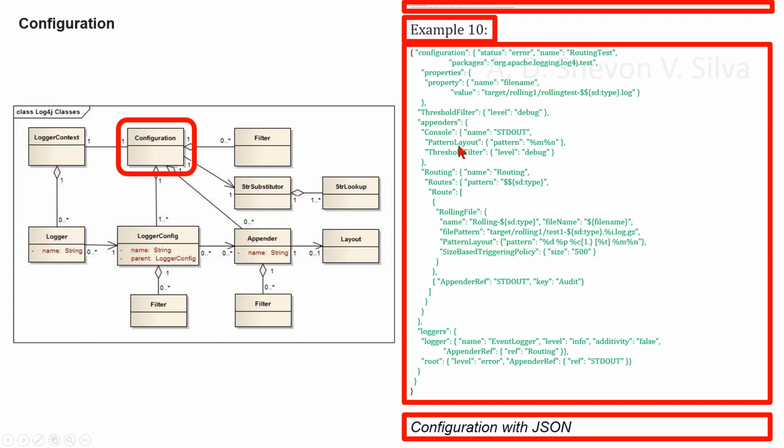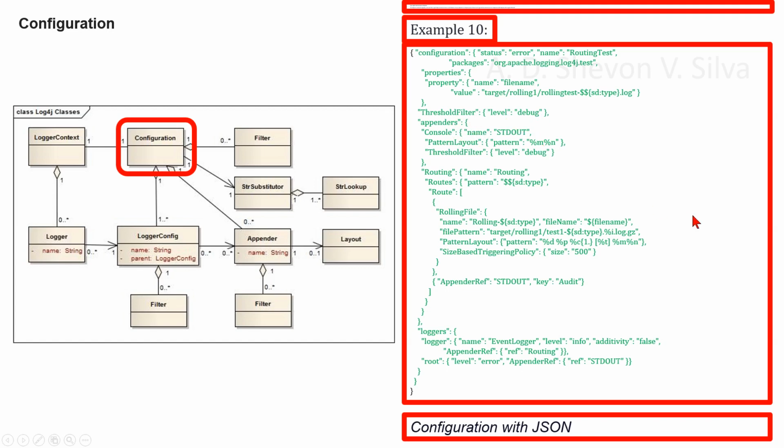In this example, threshold filter, console, and pattern layout are all plugins, while the console plugin will be assigned a value of STDOUT for its name attribute, and threshold filter will be assigned a level of debug.